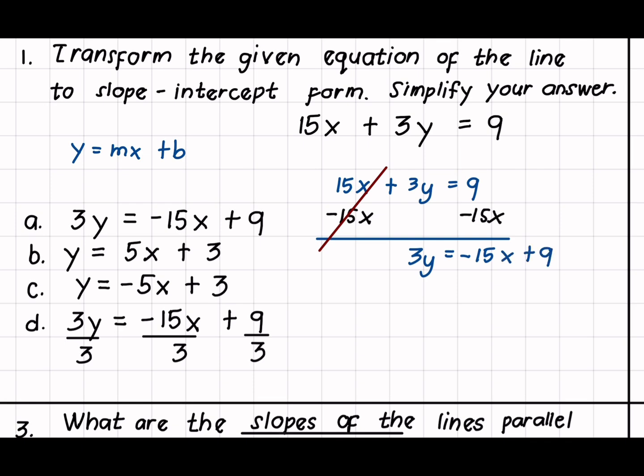Now, this is not the final answer because we have a coefficient of 3 here. It should just be y. So in order to eliminate 3, we have to divide all the terms by 3.